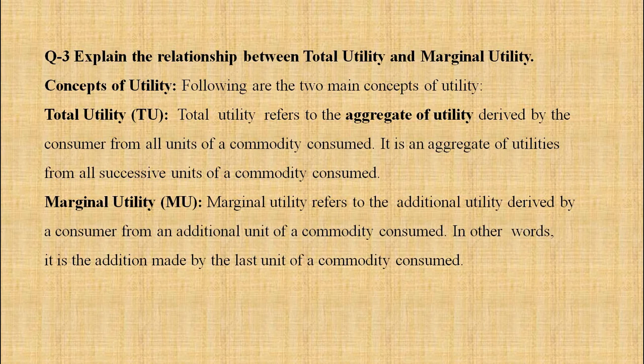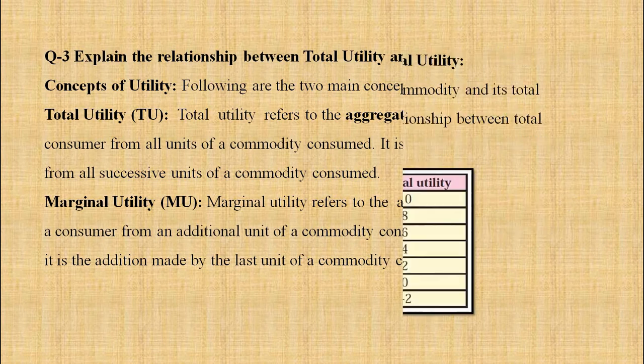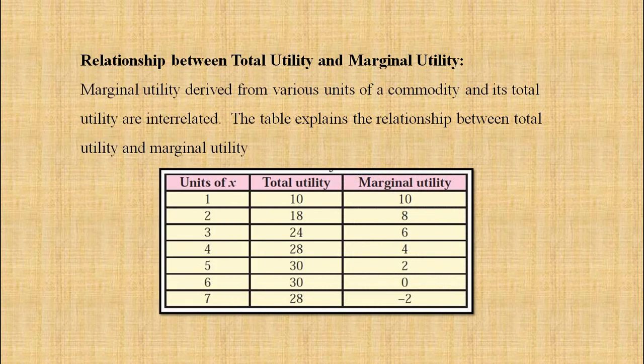That means the additional utility derived by the consumer from the additional unit of commodity, right? So the utility derived from an additional unit of the commodity consumed is called marginal utility.